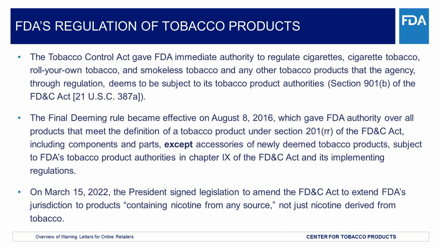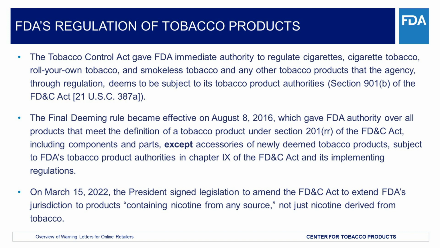The final deeming rule became effective on August 8, 2016, which gave FDA authority over all products that meet the definition of a tobacco product, including components and parts, but excluding accessories of those newly deemed tobacco products. The deeming rule requires newly deemed tobacco products to comply with statutory and regulatory requirements.